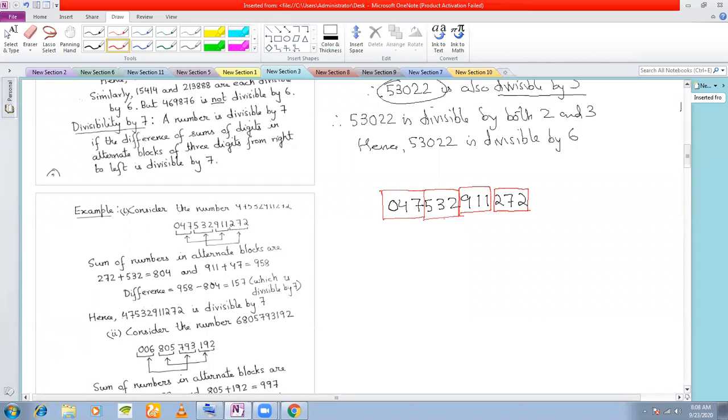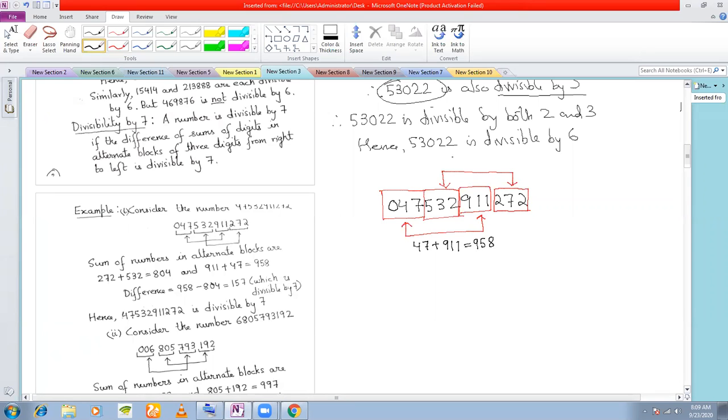Now what you do is you take the sum of the alternate blocks. Remember, sum of the alternate blocks. First and the third, sum of these two, and you take the sum of the second and the fourth. That is, you add up 47 plus 911, which should give you 958.